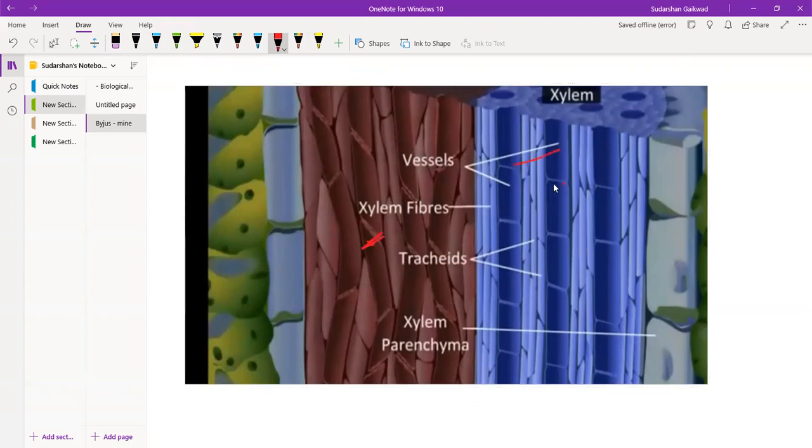Here there are xylem vessels where the majority of the water transportation takes place in this direction. And these are xylem fibers, which are giving mechanical support here. These are thin and elongated. These are tracheids, which are also lignified, and they also help in water transportation. And these are xylem parenchyma. Here you can see the green ones because they are living. These are all non-living.